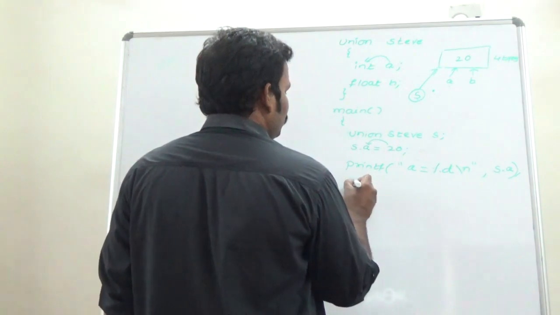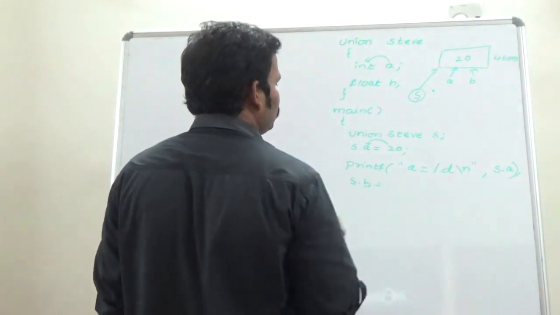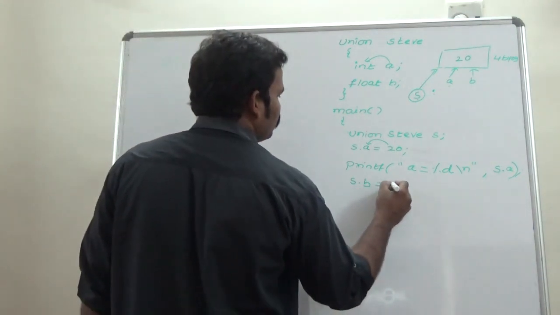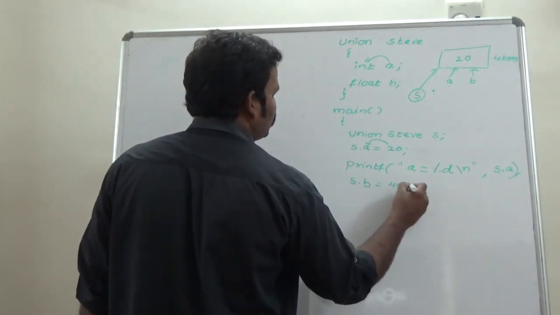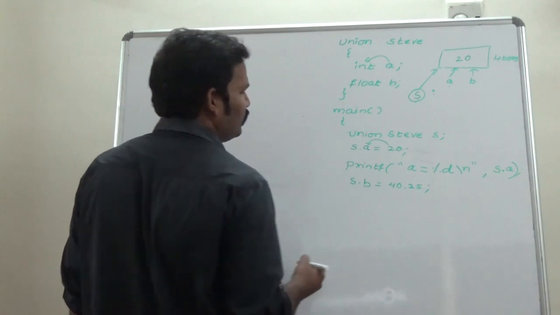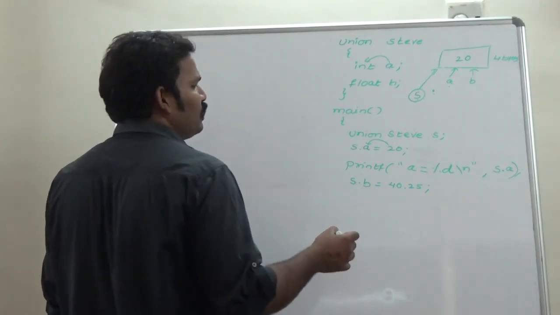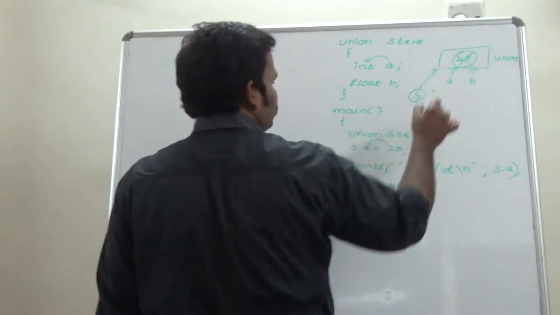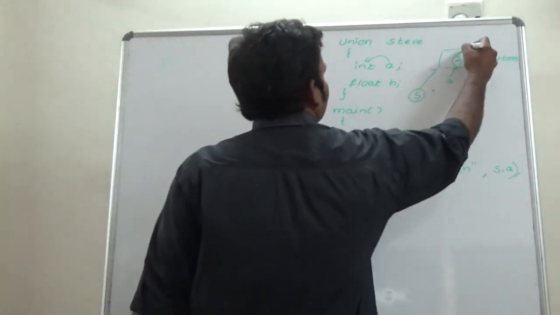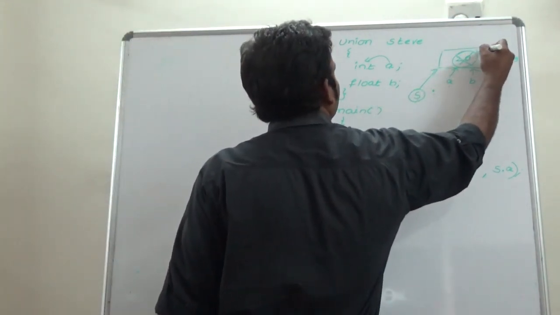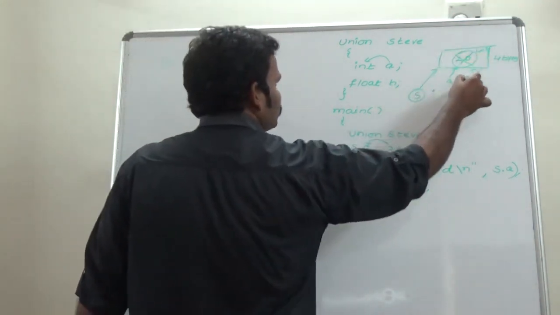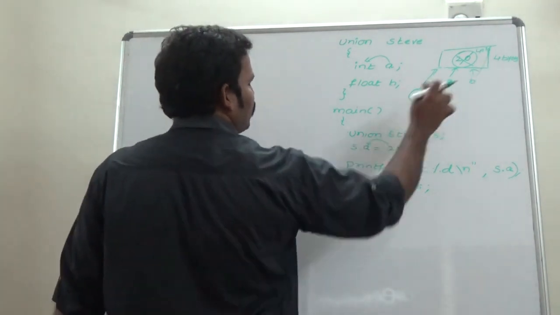Next, I want to initialize the b member variable with 40.25. So what happens now? The 20 is replaced with 40.25. Now I want to access the b member.